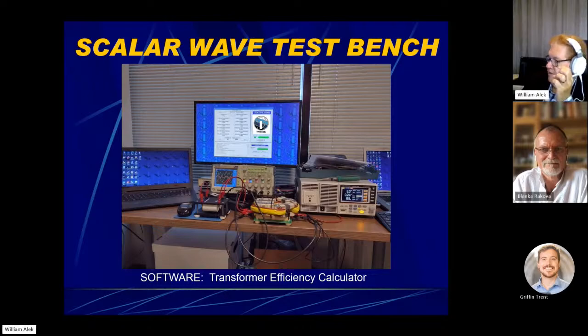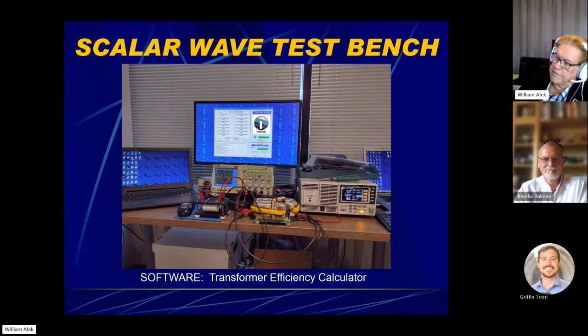It has to be pulsed, which of course is what Stanley Meyer was doing with this rectifier in his transformer arrangement. So you have this pulsed, oscillating output.